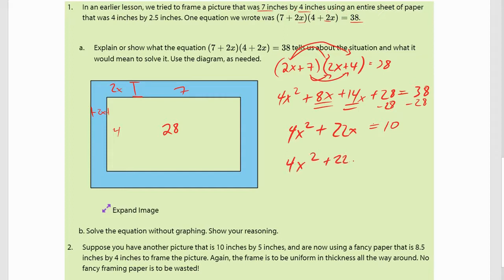No idea. Could have just subtracted the 38, really. Got the same thing. All right, so use the quadratic formula. You already have your A, you already have your B, you already have your C. All right, so x equals negative b plus or minus square root b squared minus 4ac all over 2a. And that should give you your answer for part B.